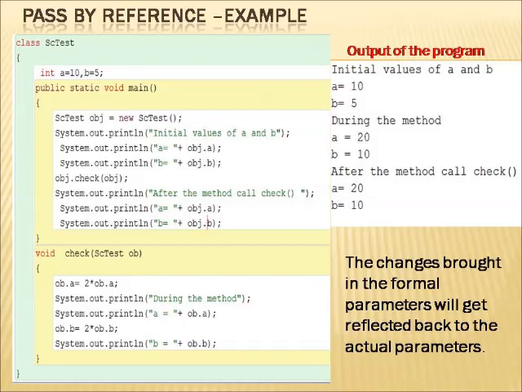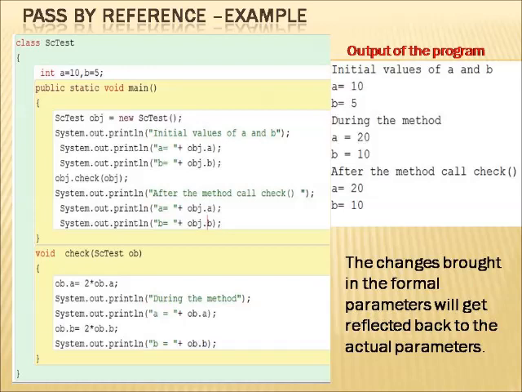Now you can see that even after the method call, now that we are out of the method, the value has changed to a is equal to 20 and b is equal to 10, right? So hence we can say the changes we made in the formal parameters get reflected back to the actual parameter.